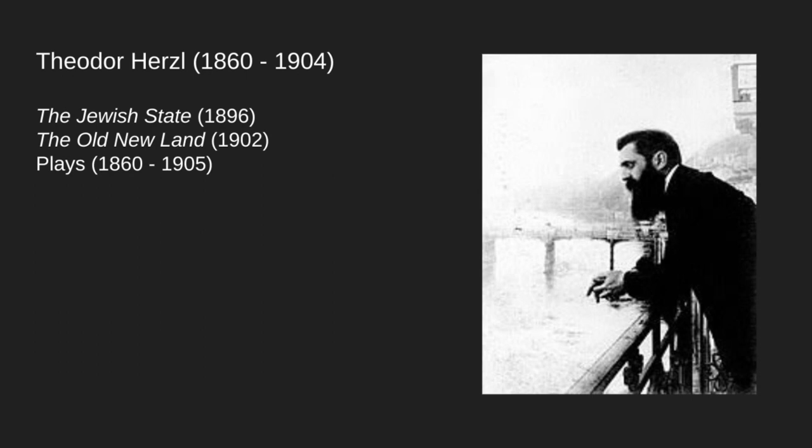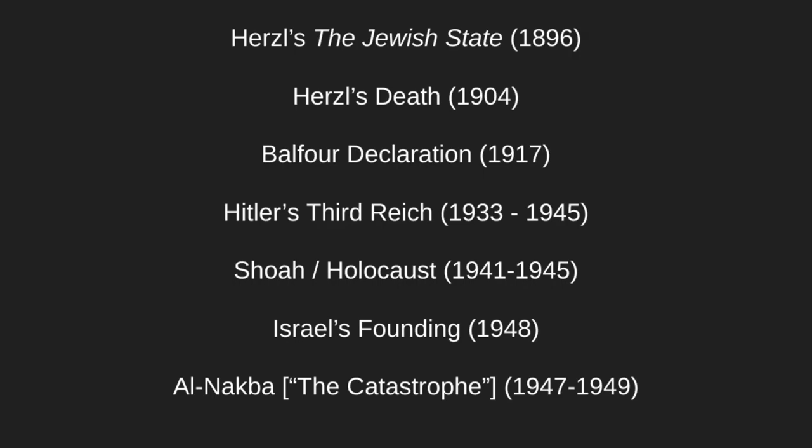Now, you might note he's writing obviously prior to the rise of the Third Reich in Nazi Germany, but many people viewed him as prescient, as somebody who saw the storm on the horizon and realized the urgency of finding some kind of solution to the problem of racial discrimination against Jewish people, anti-Semitism in the European context, where Jews had been imperiled for many centuries and were very much imperiled even at the time that Herzl wrote this document, prior to the founding of the Third Reich and the rise of Adolf Hitler.